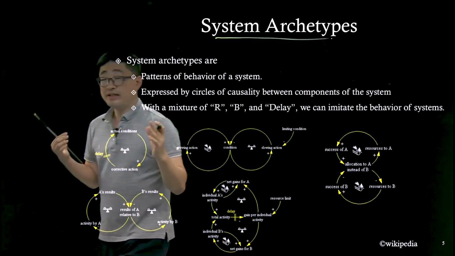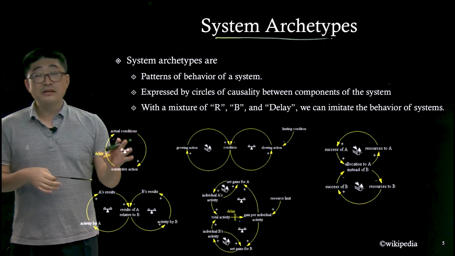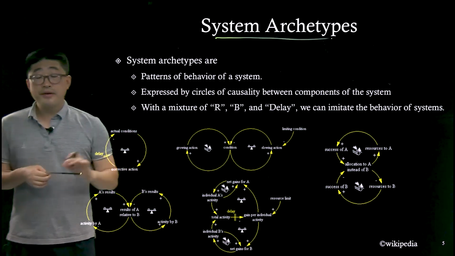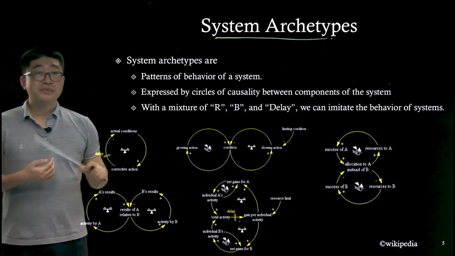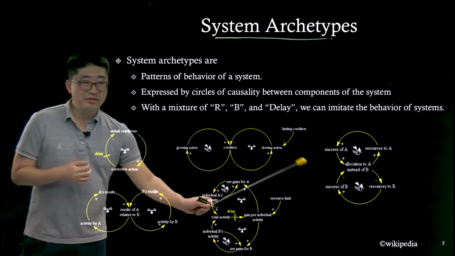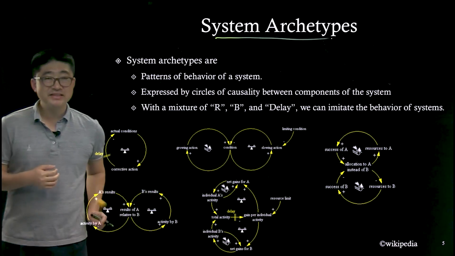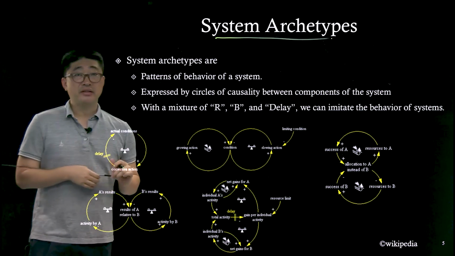Okay, so these are the basic approaches to draw the causal loop diagram in a certain scenario. And that is being supported by several design patterns, which are called system archetypes.